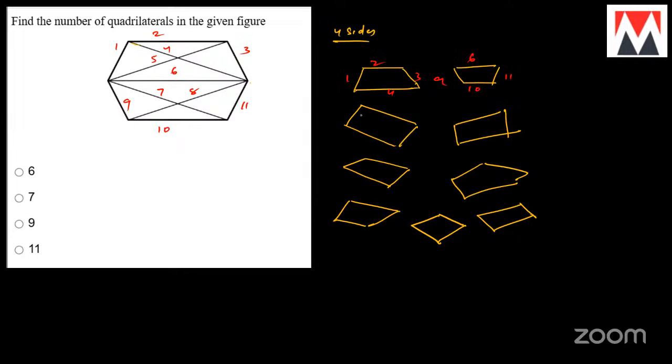So next one, this is 1, 4, 11 and 7. So you have 9, 3, 4 and 7, 4 and 8. Okay. So this one is 4, 5, 7, 8.